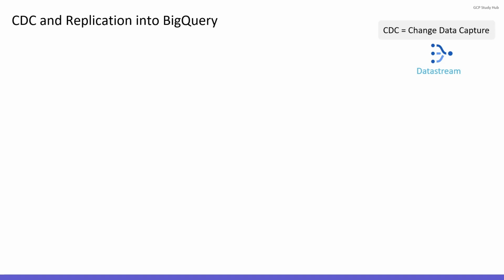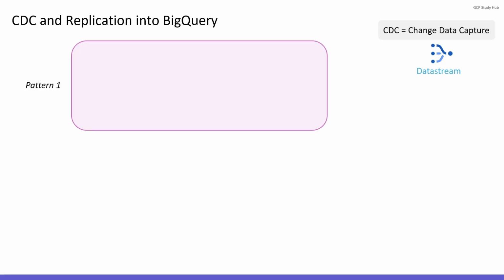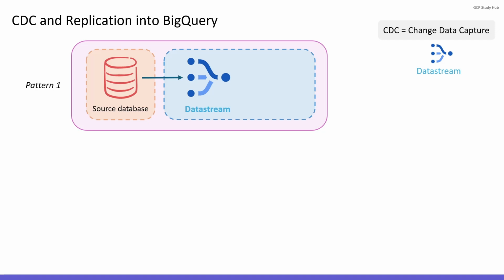You are likely to see one of two patterns show up on the exam. In the first pattern, we start with the source database where all your primary transactions occur. To capture these changes, we use Datastream. This service pulls the change logs from your database and streams them directly into BigQuery.